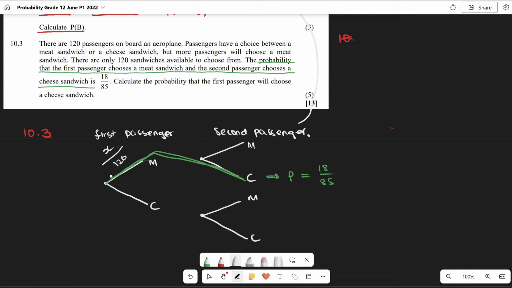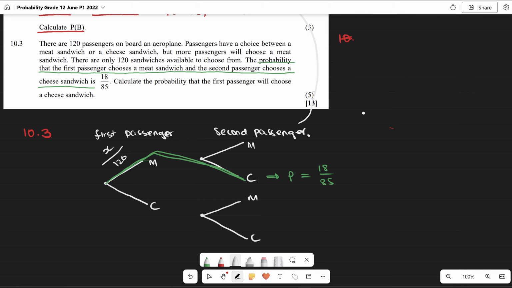If we were looking at the whole 120 people and a person was asked first to choose, out of the 120, how many would choose the meat first? That's basically what we are saying here.